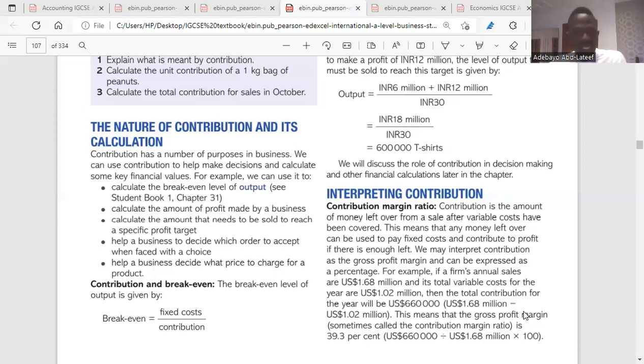The third one, calculate the amount that needs to be sold to reach a specific profit target. So what does this imply? It implies that as a business, you'll be able to know the amount you need to sell.